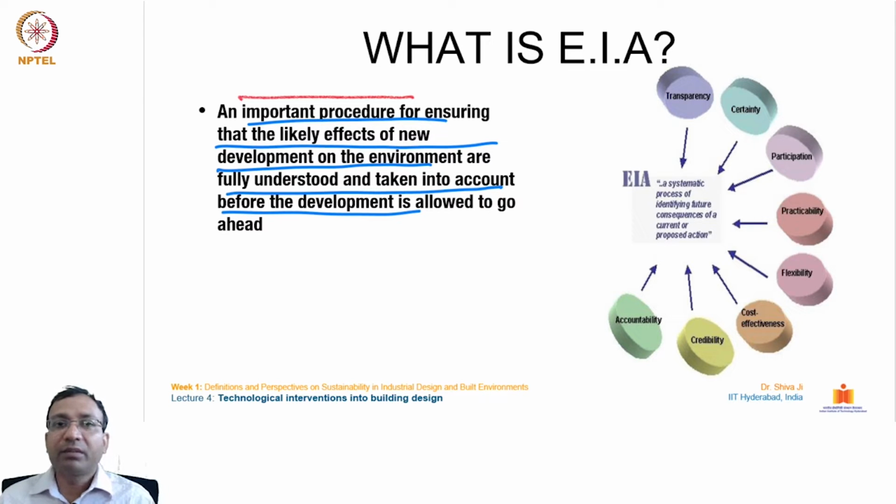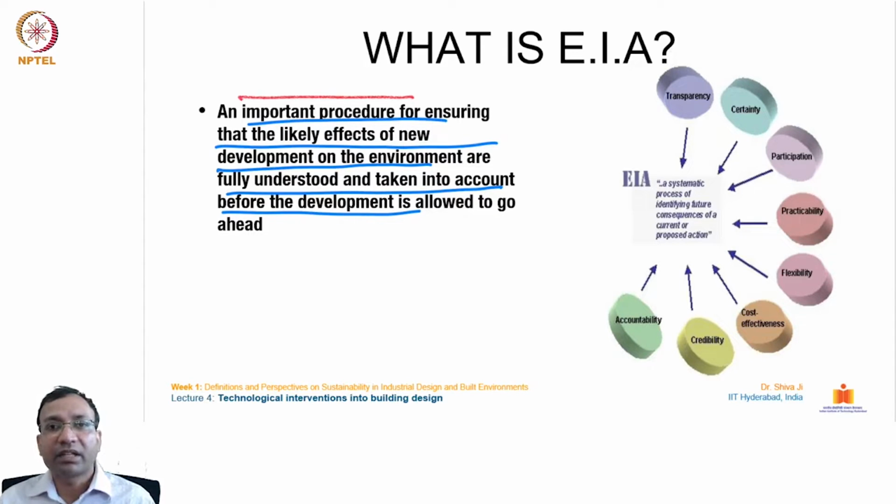So it's a systematic process of identifying future consequences of a current or proposed action. That is what it does, and that is the main objective of conducting EIA. It results in setting up accountability. It establishes credibility. It checks cost effectiveness.